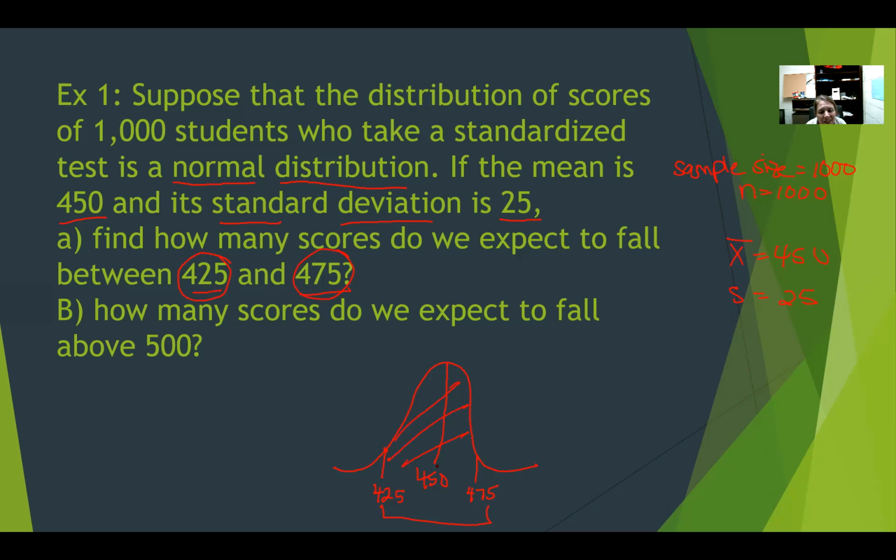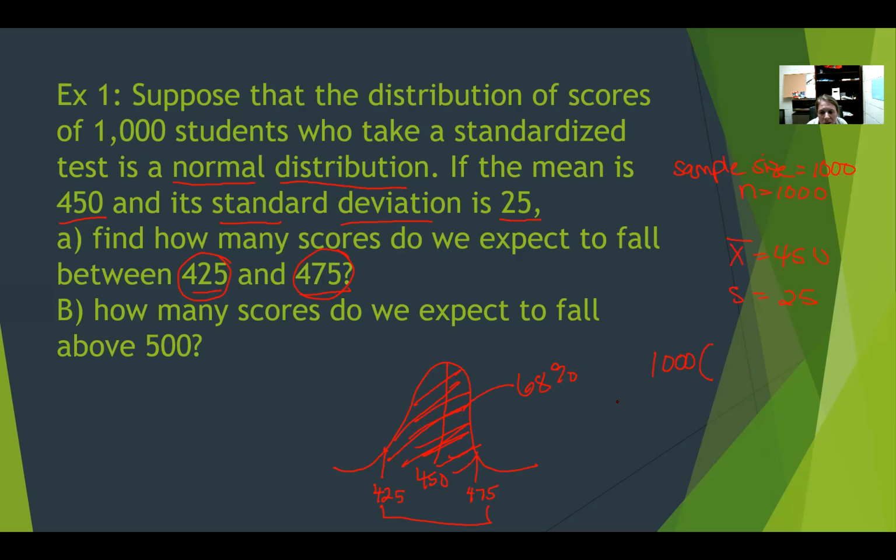Well, I know that 68% of my scores fall between this. This is 68%. Okay, so how do I figure out how many scores of those? Well, I know that there's 1,000 students, and I know 68% of those 1,000 students fall between 425 and 475. So how do I figure that out as a number? Well, 1,000 students and 68%. So how do I deal with the percentage?